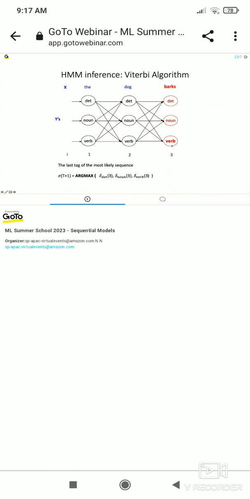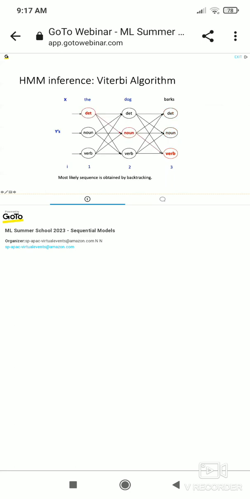In this case, it turns out that the last tag, which is the most likely tag, is a verb, and after obtaining this, we try to find what is the previous best path, and going further backward, we can decode the whole possible state sequence. So this is the inference algorithm in Viterbi. This is similar to the dynamic programming you might already be familiar with.